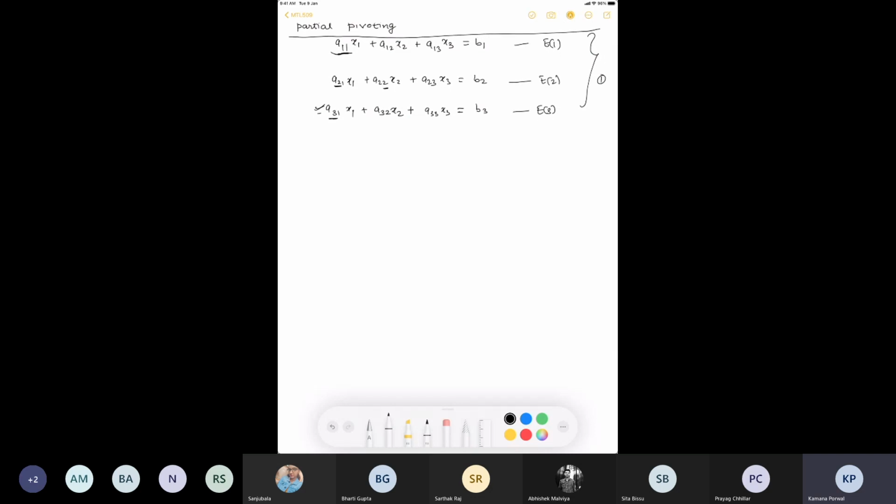So let's write it down. Step one is that I'm going to take the maximum of the absolute values of A11, A21, A31, the coefficients of x1. Let's call this maximum S1. So let's define S1by this. Now what can you observe for this S1?